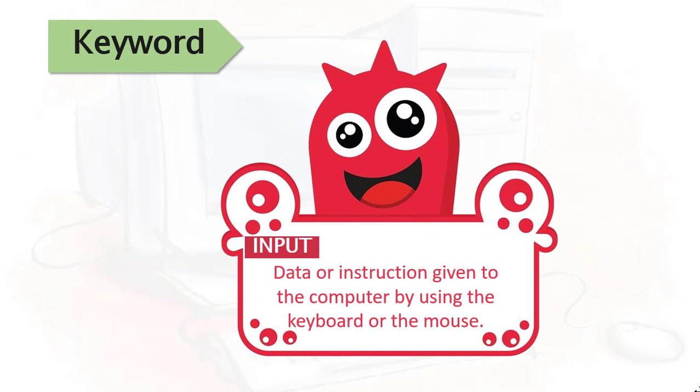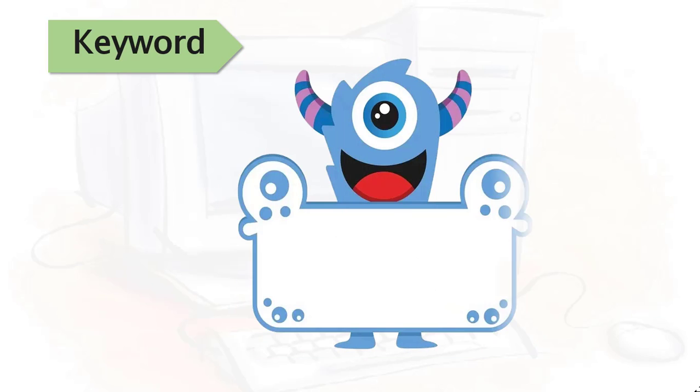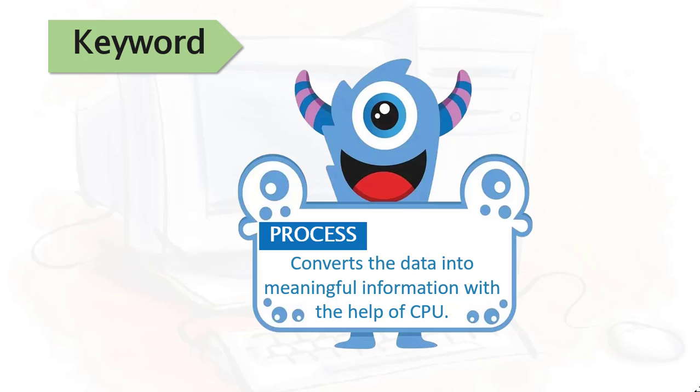Let's take a look at some keywords we saw in the lecture. The first one is input: the data or instructions given to the computer using the keyboard or mouse. Second is process, which converts the data into meaningful information with the help of the CPU. On the input given by keyboard or mouse, the computer performs some operation, done by the CPU, and generates a final result that we can see.